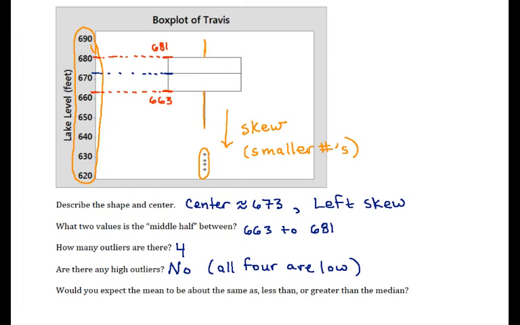Looking at this distribution, remember that a symmetric distribution would have the mean and the median equal to each other. As soon as you have skew or outliers present in one direction, the mean gets pulled towards those outliers or towards the direction of the skew. So the mean is going to get pulled towards smaller numbers. The mean would be smaller than the median in this case because of that skew and the low outliers.